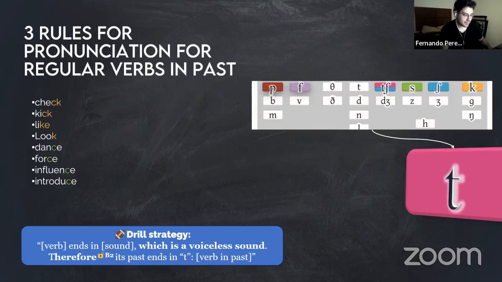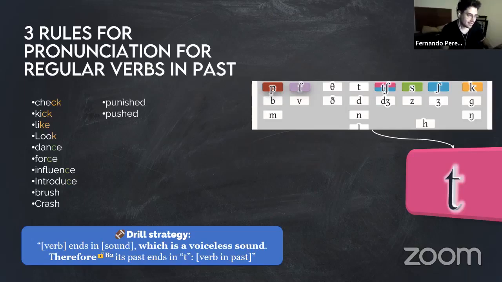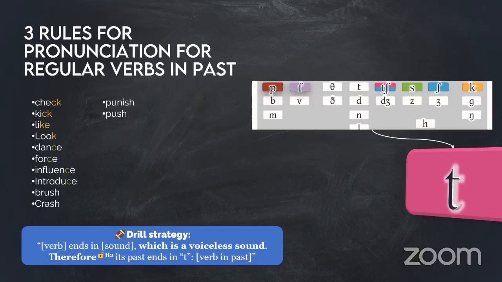Let's go, for example, Viridiana, what about this? The verb, for example, brush. Brush ends in sh, correct, which is a voiceless sound. Therefore, its past ends in T. Watch out, it's not it.